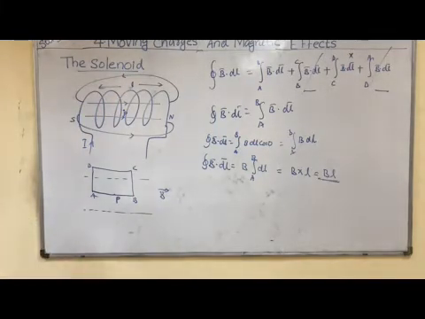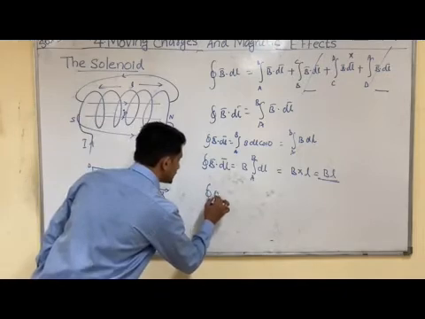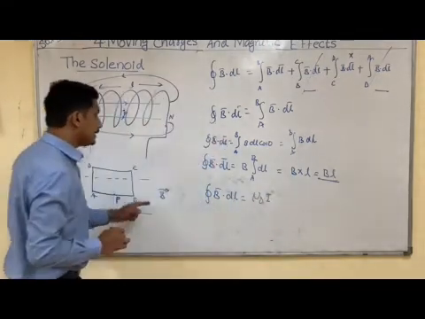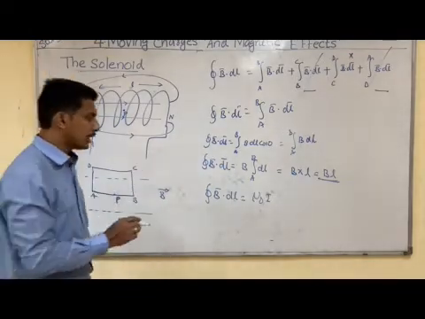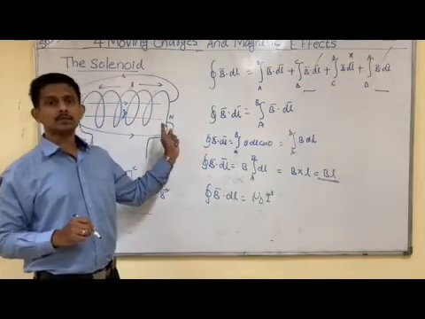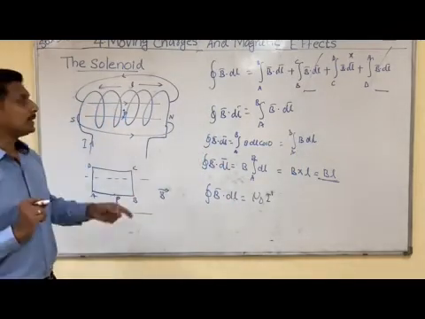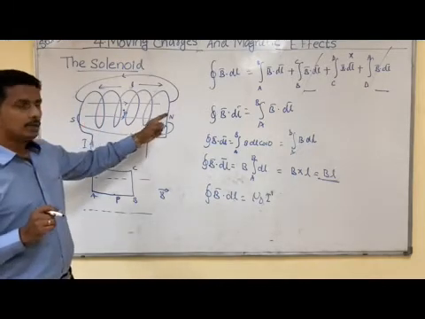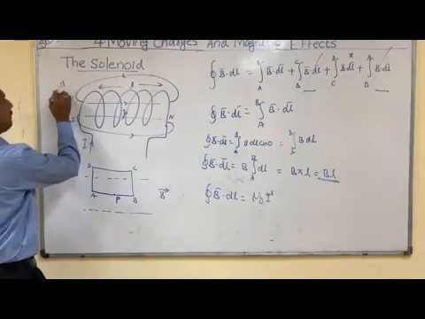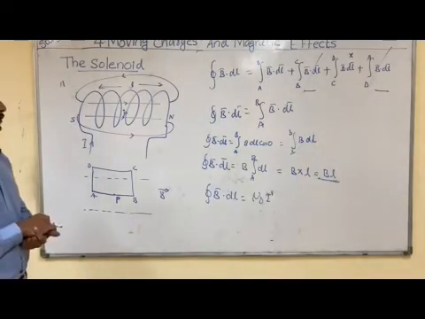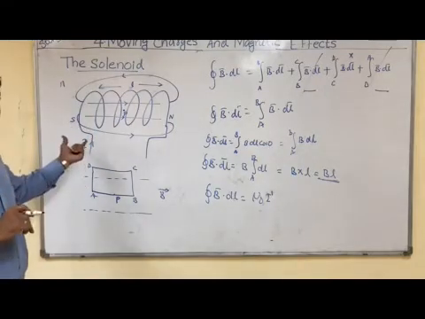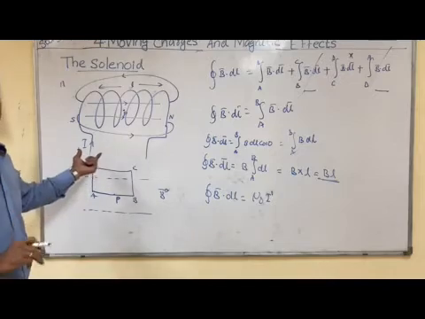According to Ampere's circuital theorem, we know that the integral of B dot dl is equal to mu 0 I, where I is the net current only. So I am representing this I as I dash, where I dash is the net current passing through this solenoid. Let L be the length of this solenoid and small n be the number of turns per unit length of this solenoid.